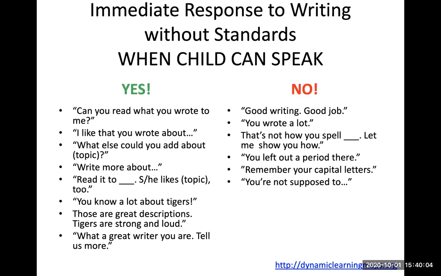It could be 2 words or even a scratch on a page. And for them, that could be a huge accomplishment. You don't want to say stuff like, that's not how you spell such and such. Let me show you how. Or you left a period out. Or remember your capitals. Or you're not supposed to, because that is going to shut down the writing experience.